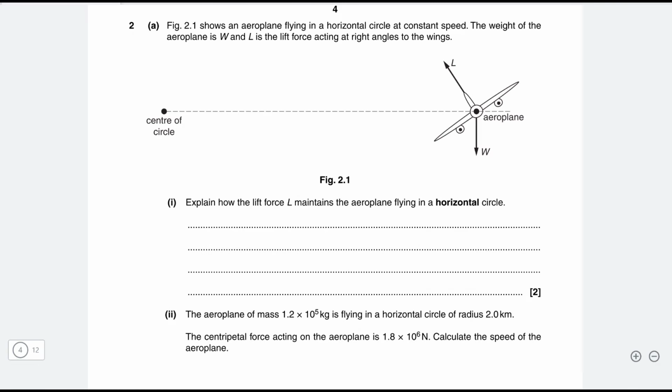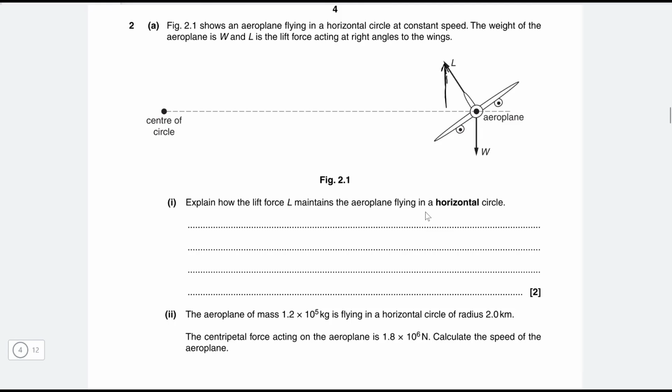Okay, on to question 2, which is actually question 2 from a paper from 2010. Figure 2.1 shows an airplane flying in a horizontal circle at constant speed. The weight of the airplane is W and L is the lift force acting at right angles to the wing. Explain how the lift force L maintains the airplane flying in a horizontal circle. The word horizontal has been written in bold. Now, if that's the case, we can say that L will be represented by two components.